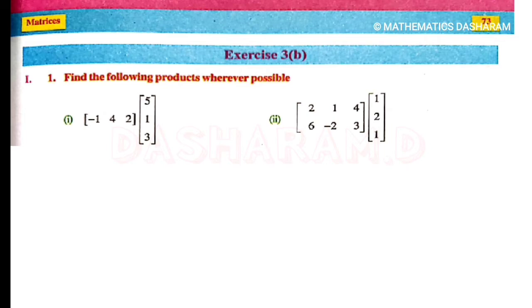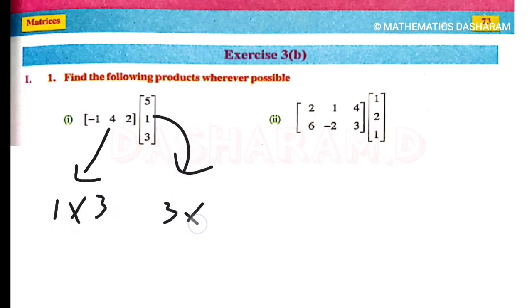So here exercise 3b, first bit is: find the following products wherever possible. See, he gave the two matrices. Let's do the product. Before doing the product, first you have to verify the condition. What is that condition? The number of columns in the first matrix should be equal to the number of rows in the second matrix. The first matrix order is 1 row 3 columns, and the second matrix order is 3 rows 1 column.